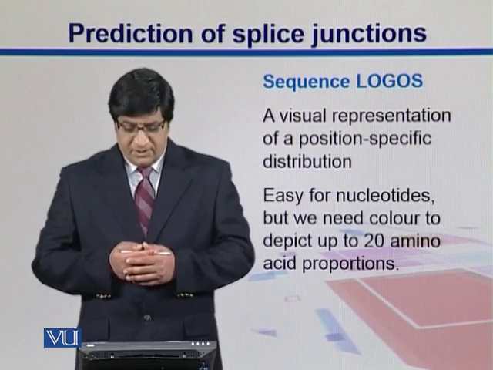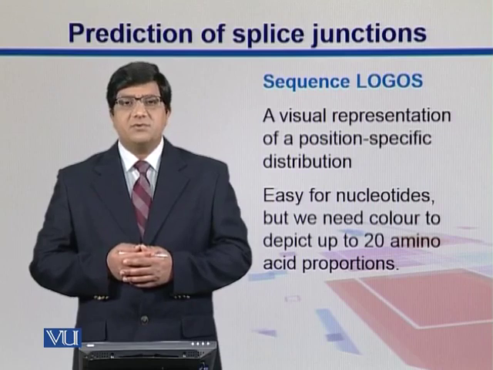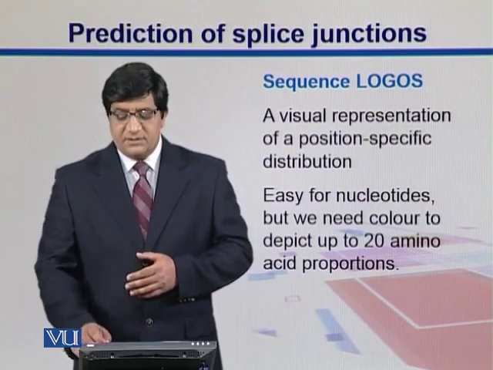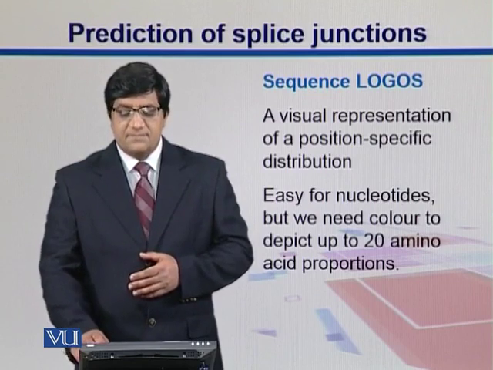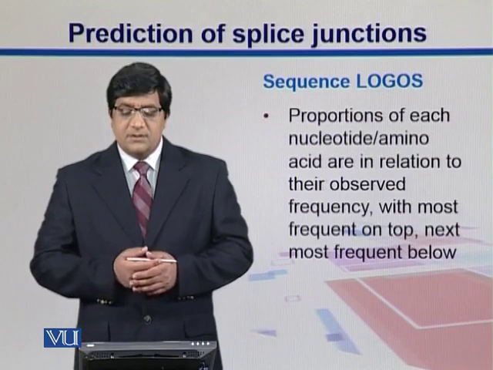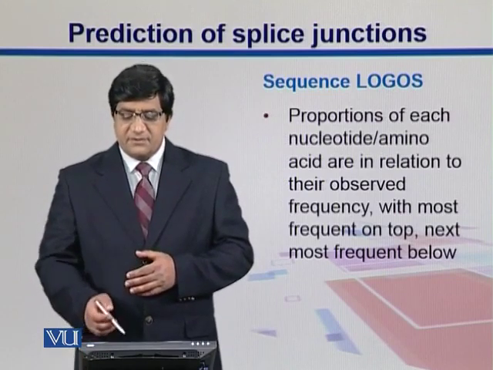So it's easy for nucleotides, but we need colors to depict 20 amino acids. So sequence logos are good representations as far as DNA nucleotides are concerned. And the proportions of each nucleotide are in relation to their observed frequency.